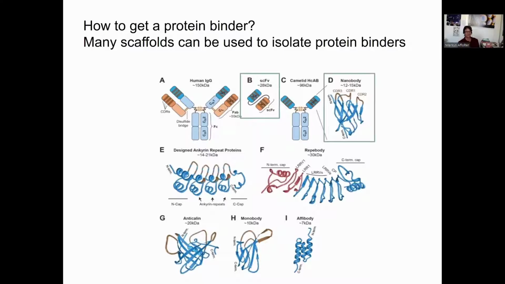So 4 days after the coronavirus spike proteins have been crystallized or structurally solved, you should have these binders now. And of course, I followed the literature on a daily basis. But last Sunday, the first paper reporting 70 or 80 or I don't know how many binders, 32 were characterized then, I think, binders against the coronavirus spike proteins were published.